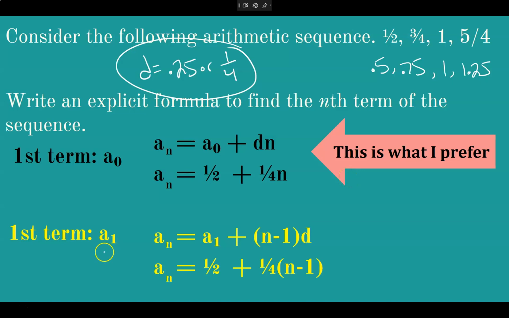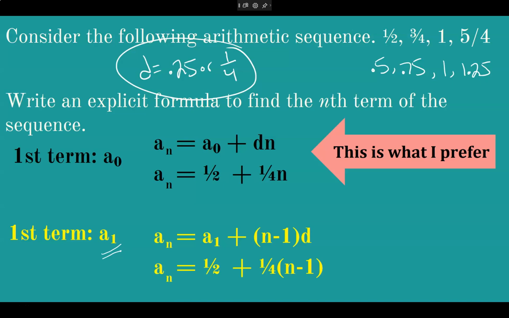If I use a sub 1 as my first term, then we go back to what we did yesterday: my first term plus 1/4 times n minus 1. Again, I do prefer the first one just because I think it's simpler. I think it represents a line better. It makes more sense in my brain, starting with something and then having a constant change afterwards.